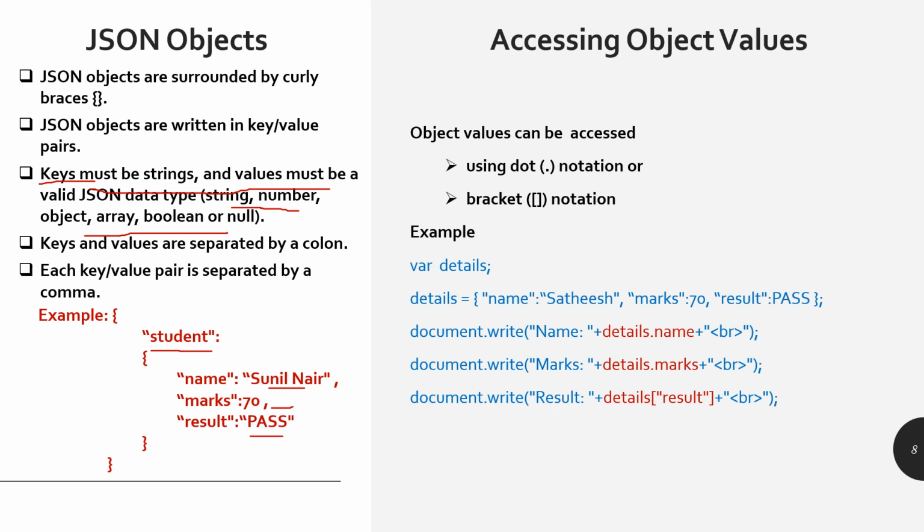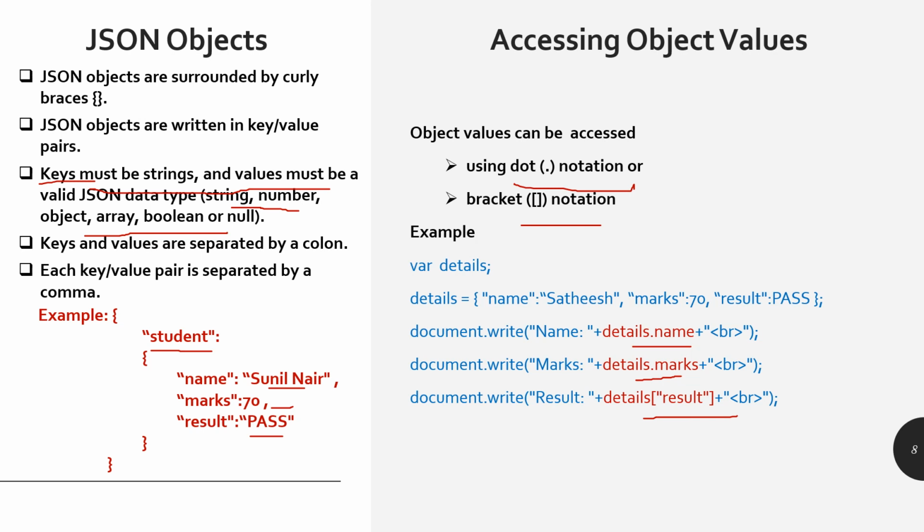Now we will see how to access the object values. Here you can use either dot notation or bracket notation. This is an example of dot notation. This is again dot notation. This is an example of bracket notation. This is clear, right?